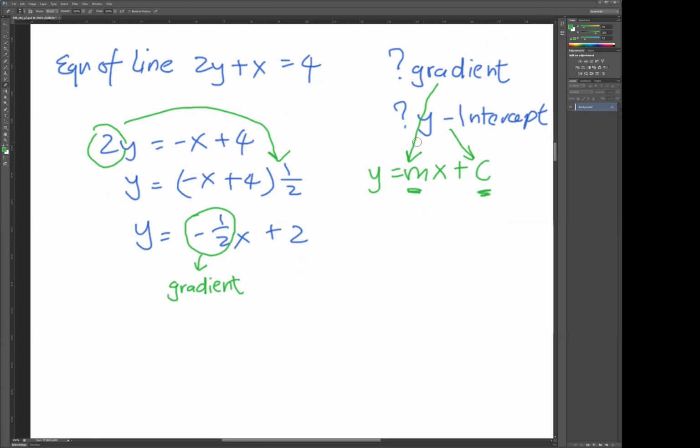So equation of line. We know gradient is m, then intercept is c. So y equals mx plus c. If it's a positive value, then we know that is a gradual increment. What happens with a negative value? That means with every increasing value of x, we have a decreasing value of y. So negative value will be like this.